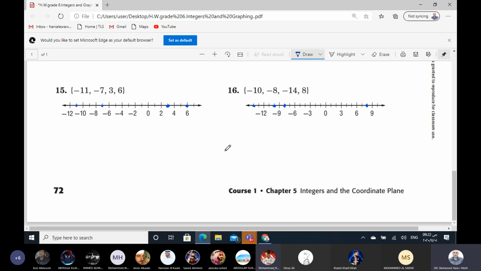Mister, we will make revision for chapter 3. Chapter 4. Chapter 4. Okay. The math quiz, mister, when is the quiz for chapter 4? The homework of Wednesday and Thursday, this is the revision. I will send it again today, inshallah. And the quiz will be on Tuesday, on next Tuesday, inshallah.